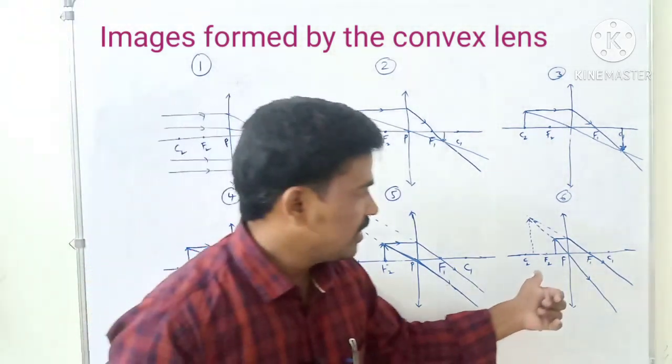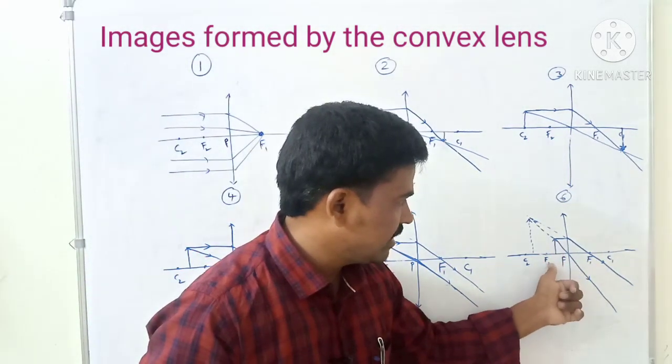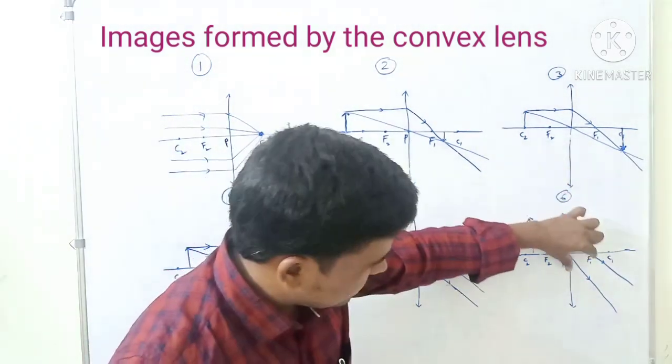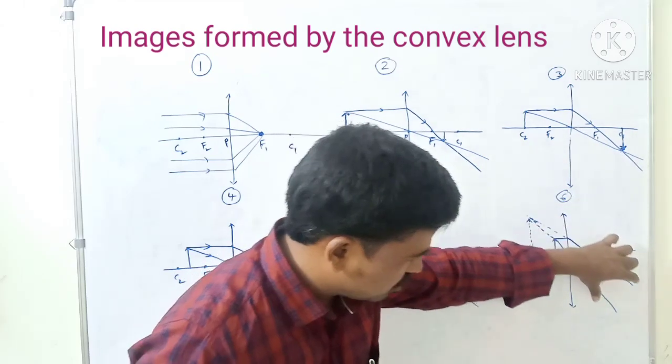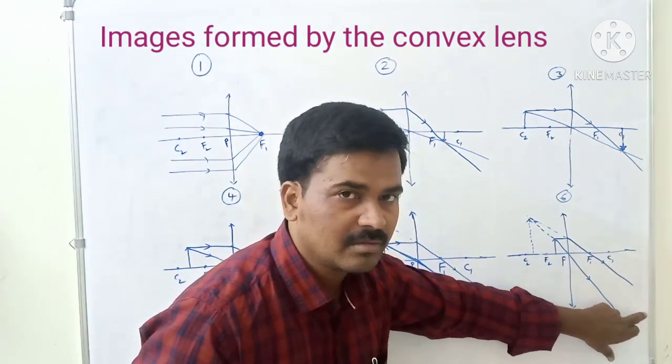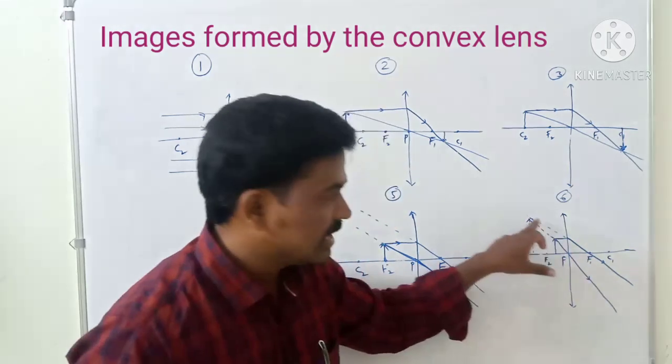Okay, so when we put the object in between F2 and P, how do the rays behave? The rays seem to diverge. That means the rays don't connect on that side, but they intersect backwards.